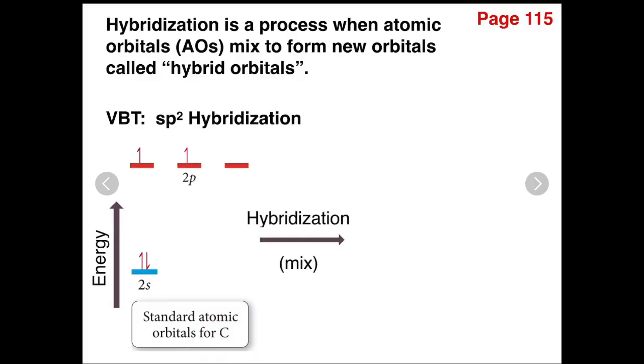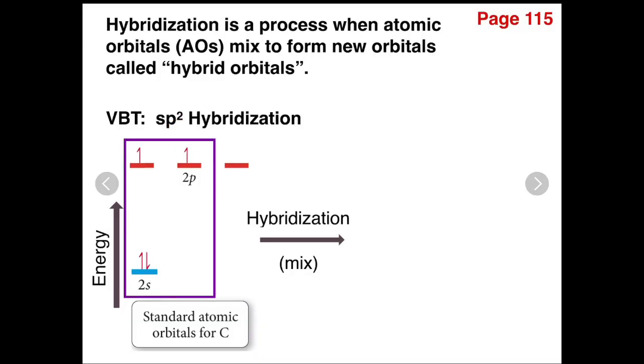Instead of mixing all 3 p orbitals available, we're going to use only 2 p. As an example, I'm going to use carbon again. We start with the same atomic orbitals, 2s and 2p, for the valence electrons in carbon. In this case, we are going to mix only the s and 2 of the p orbitals.